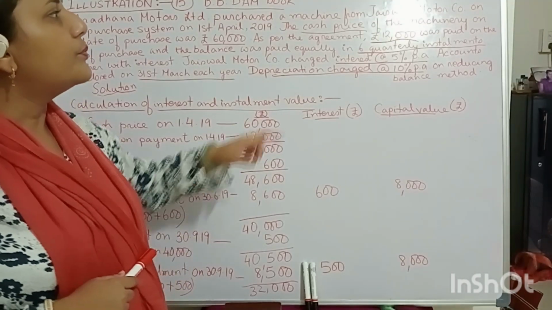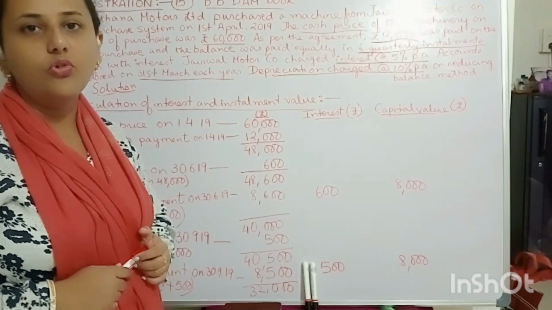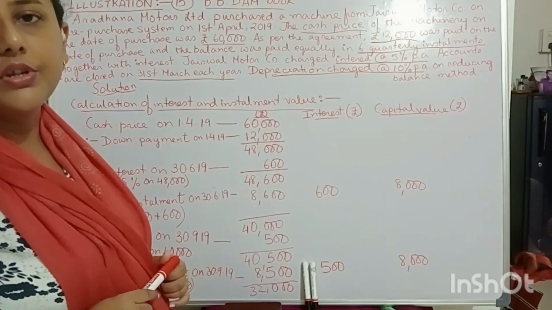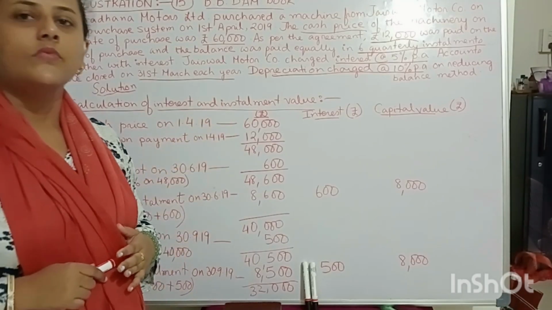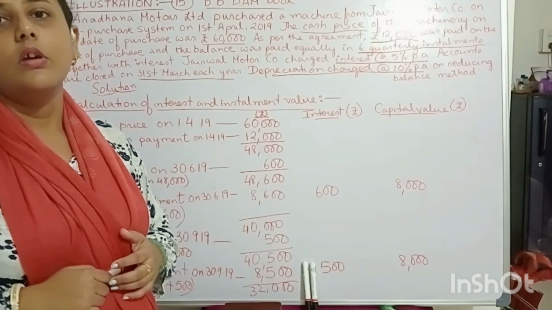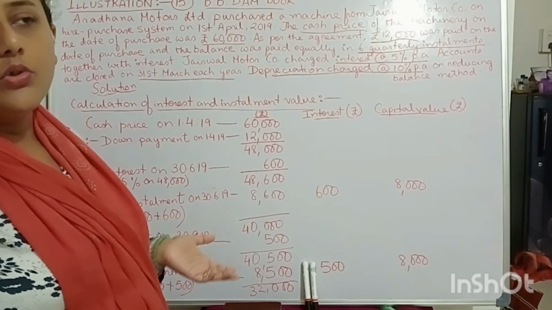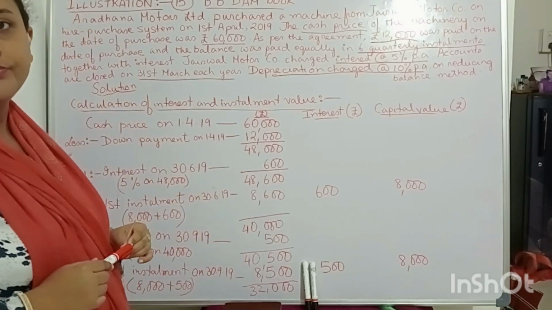You have to prepare Jaiswal Motor Company account, that is the hire vendor account, machinery account, interest account and depreciation account. For each quarter you have to pass entries, and the accounts are closed on 31st March each year.